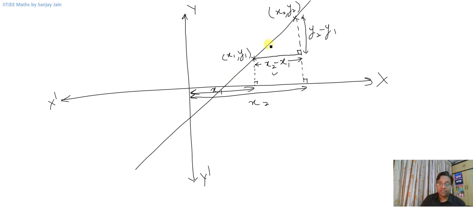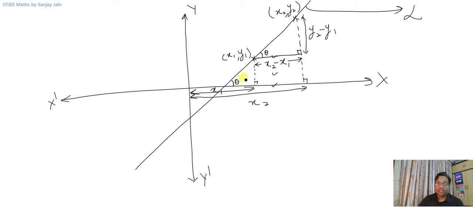Okay, and this line in question, line L, makes an angle of inclination theta, right? So what will be this angle? Now this line and this line are parallel, so this angle will also be theta, because this is the corresponding angle.